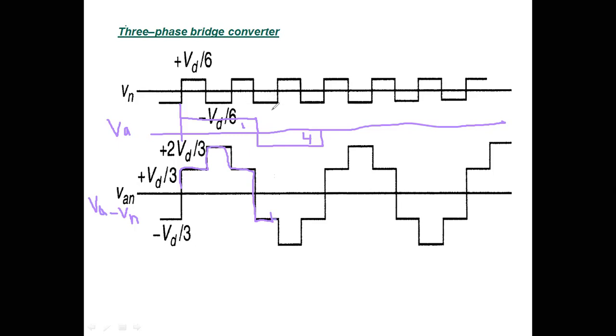Here this is minus Vd by 2. You will have the summation, Vd minus Vd, this minus this. So minus Vd by 2.